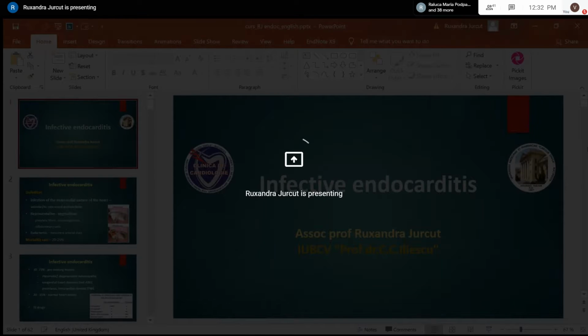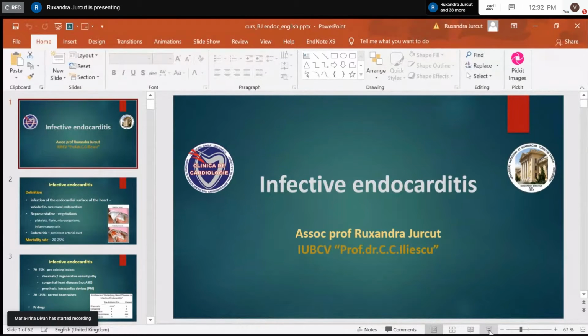Okay, do you see the PowerPoint now? The first slide? Yes, we do. I will put it in slideshow and I will ask you just to confirm that you see it in slideshow, and you see the second slide now. Do you? Not yet. Title and second slide? It's not yet in slideshow? No, not yet.